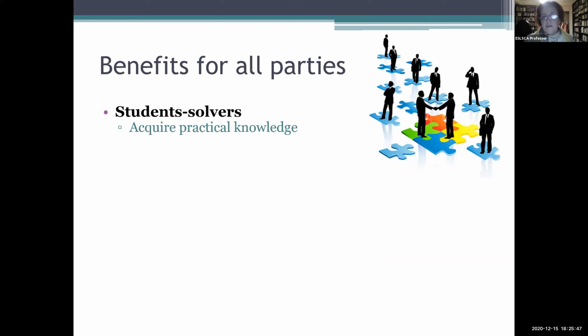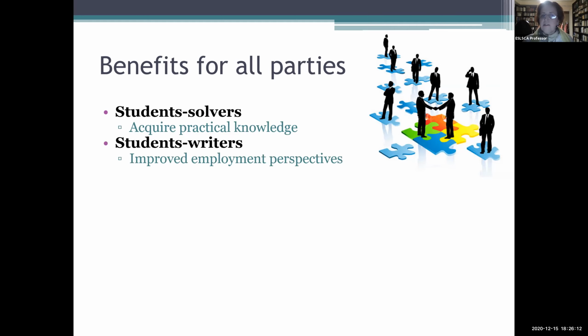Student solvers acquire practical knowledge that they wouldn't have, for example, about particular industries. If you study the airline industry, there is a lot of specificity about the industry, so you need to read a special case just about it. The idea that the industry has hubs, the big airlines have hubs, and how it influences the business model and things like that.